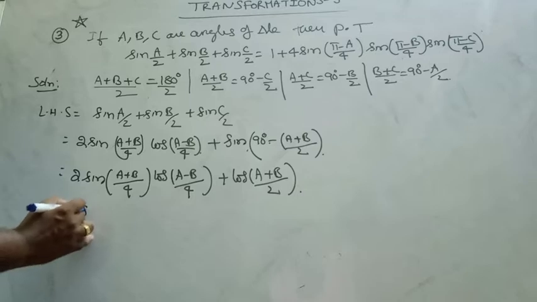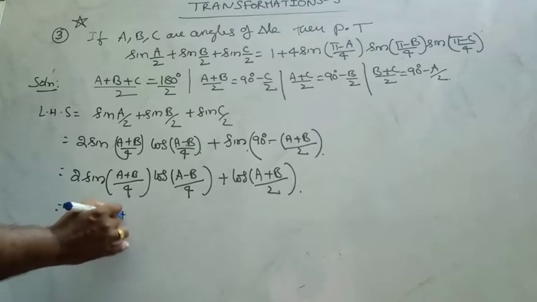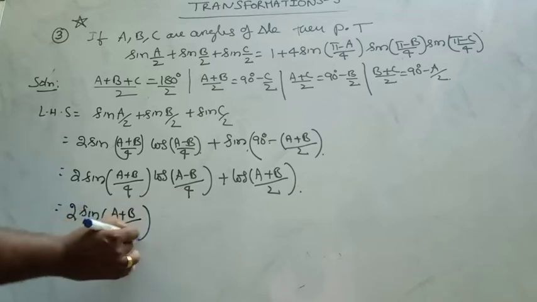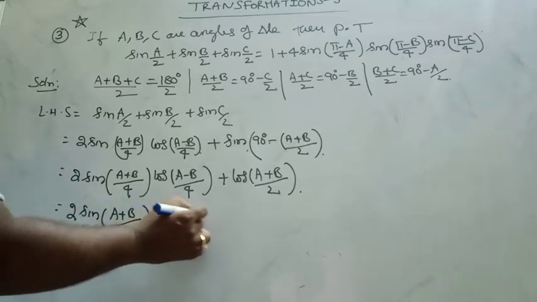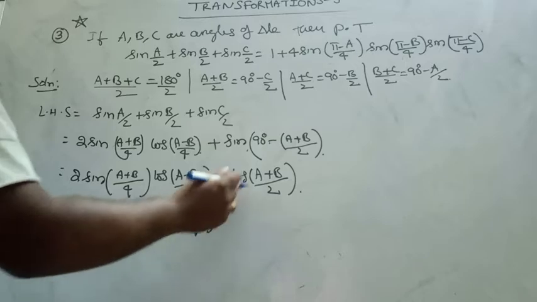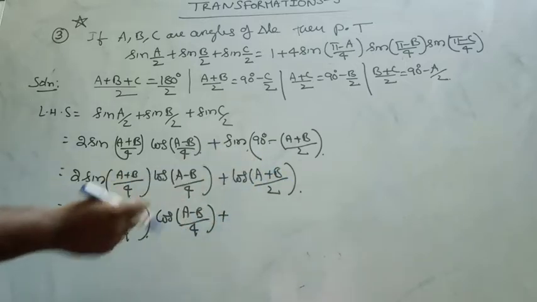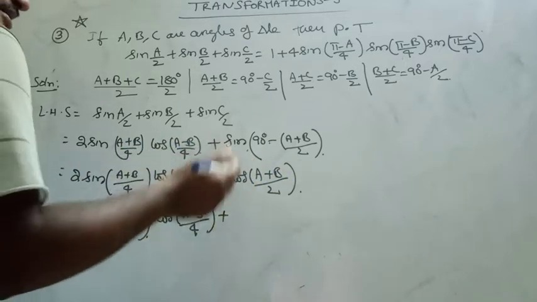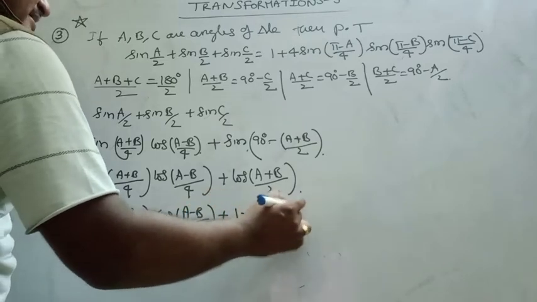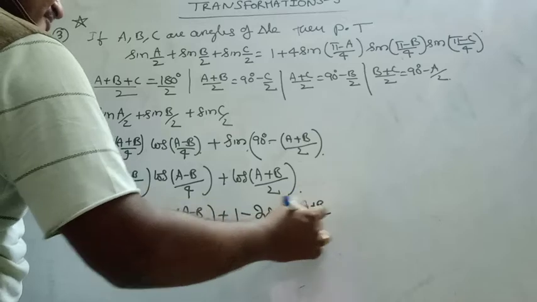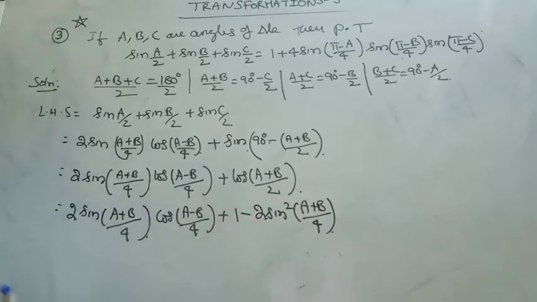And that cos((A+B)/2), my dear students, by applying the half angle formula, we have here 2 sin((A+B)/4) and cos((A−B)/4). 1 minus cos θ, I can write as 2 sin²((A+B)/4), like this, right?